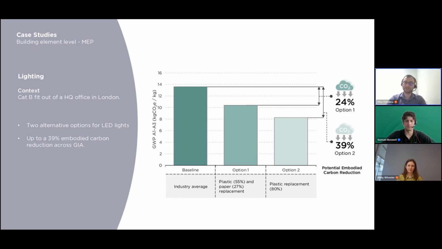We're looking at paper luminaires mixed in with plastic to give it reinforcement, or even using a plastic replacement to give that 80%. So you can go into the granular details, or there is just an upfront benchmark per square meter allowance that can be used at a very early stage to account for any carbon that may come up.